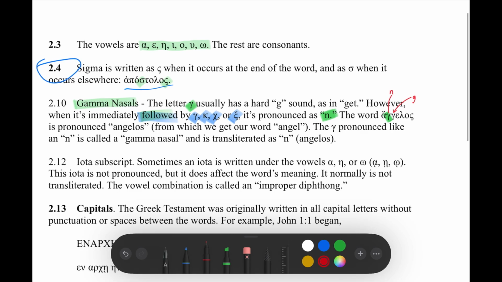So anytime that this second letter is any one of these letters, you're going to get that N sound in the first position.